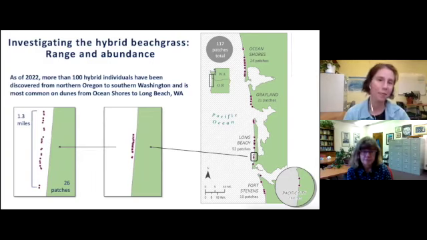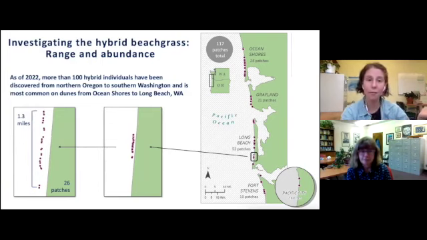And this is about a hybrid patch every 100 steps or 0.05 miles. So it's just everywhere here. And the empty areas to the north and south of this cluster of hybrid patches don't reflect an absence of hybrid. They're just areas where we didn't have time to search. So there's likely more just around this area.